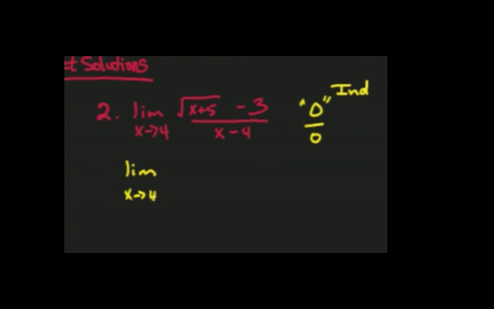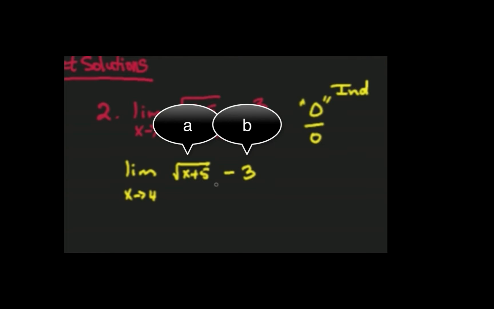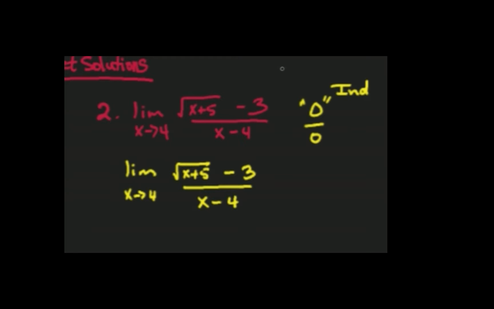So think of it as you have an a minus b, and you want to multiply it by something to give you a squared minus b squared. Why would that be the case? Because if we have a squared, we get rid of this square root, and we can hopefully cancel what's left in the bottom.